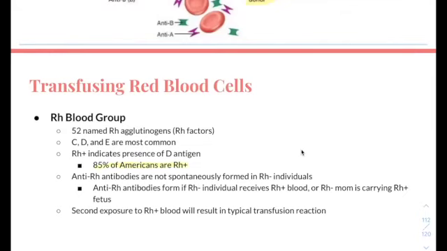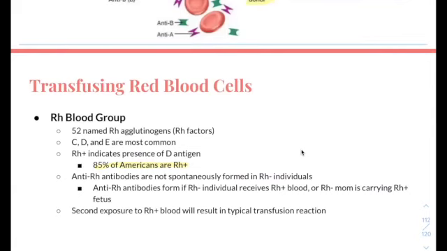While anti-Rh antibodies are not spontaneously formed in Rh negative individuals, anti-Rh antibodies form if an Rh negative individual receives Rh positive blood, or if an Rh negative mom is carrying an Rh positive fetus.